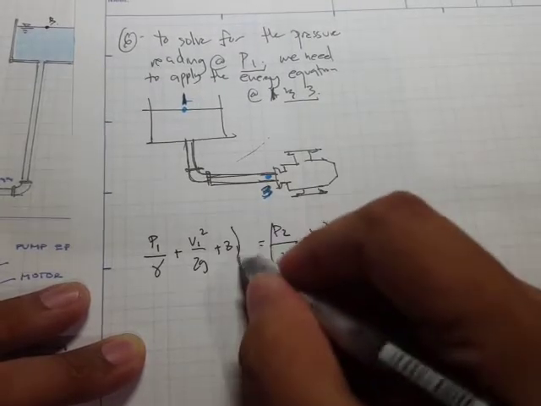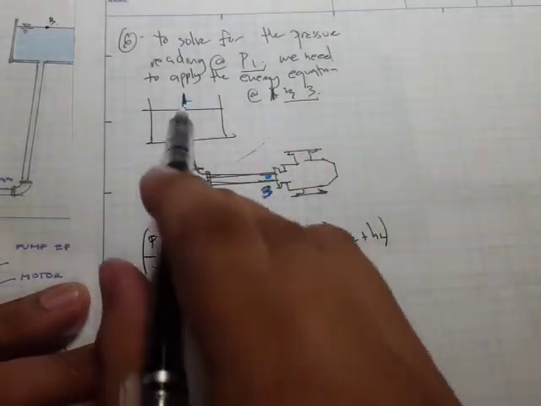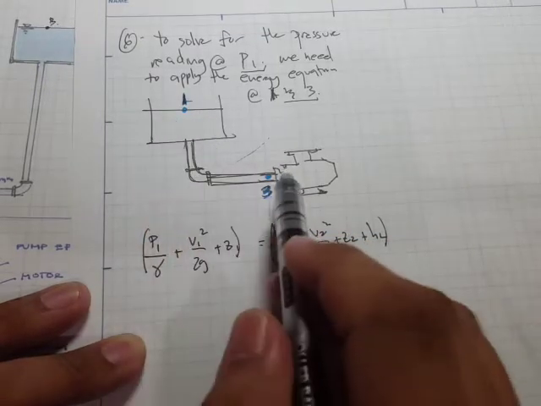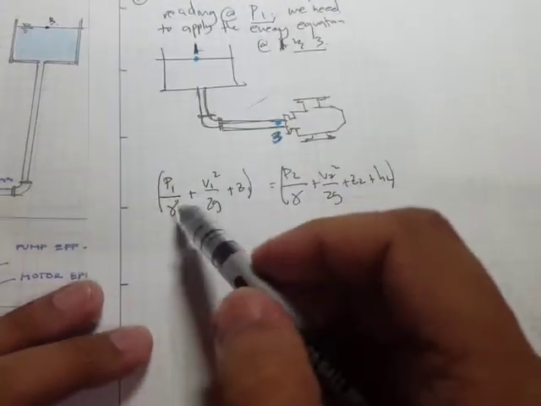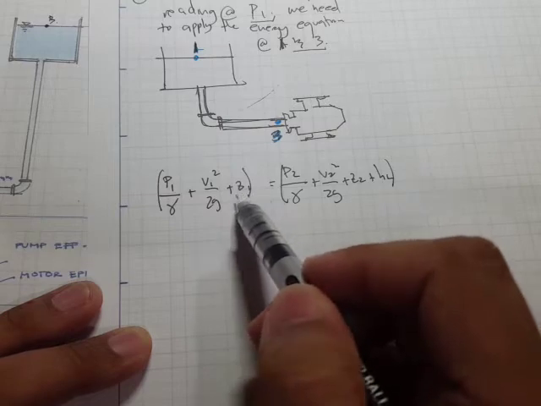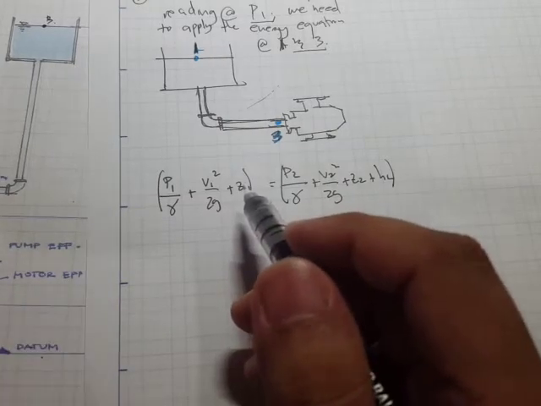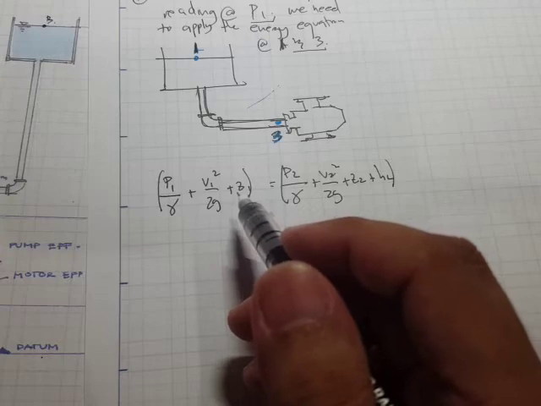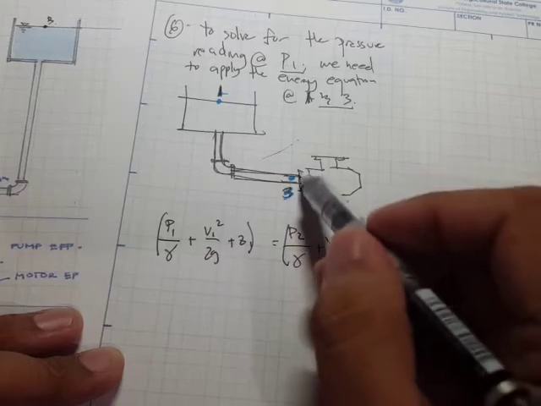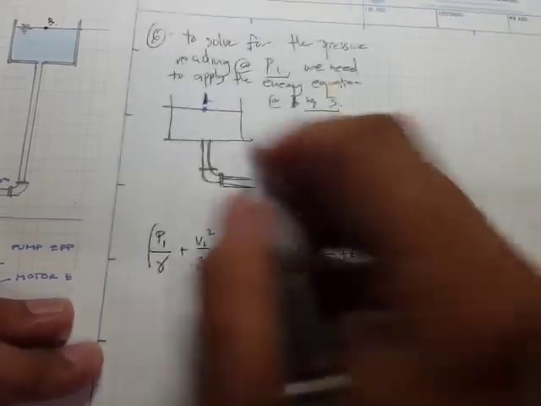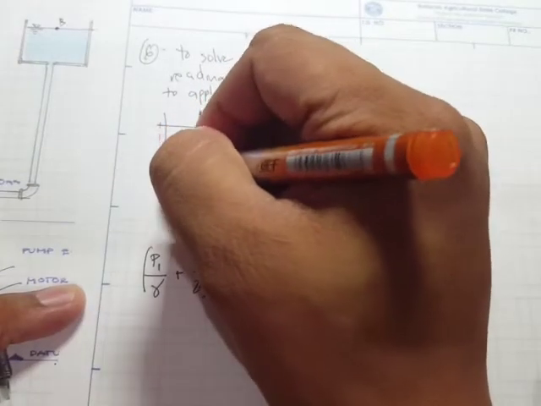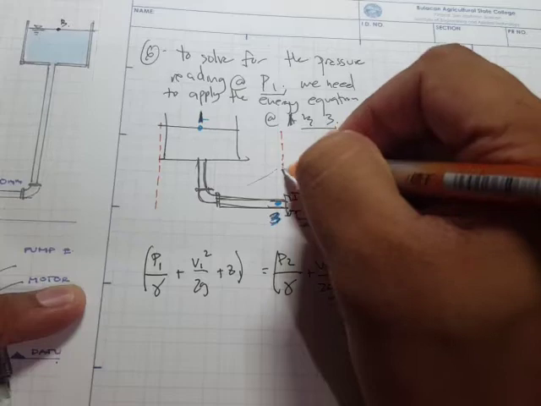Right, so energy in is equal to energy out. The energy input is simply the hydraulic energy of this fluid: the pressure head, velocity head, and the elevation head. We don't have the head for the pump, because we are only considering just before the pump. So there is no pump in this system considered.